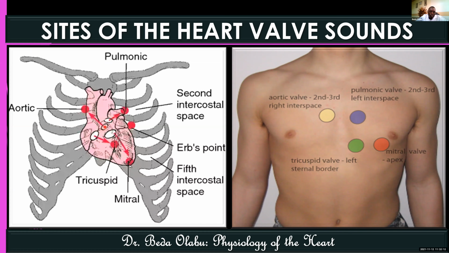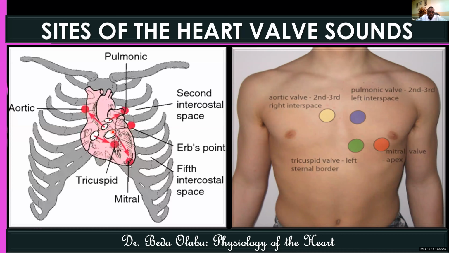This way, the sound from the pulmonary valve is best heard on the second intercostal space, left parasternal border. The sound from the aortic valve is best heard on the second intercostal space, right parasternal border.